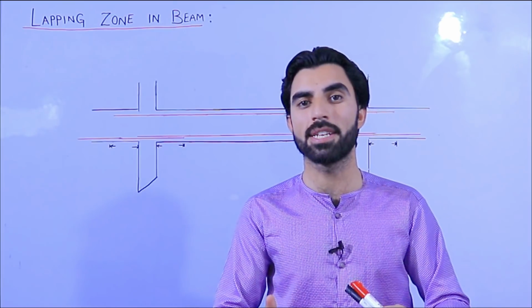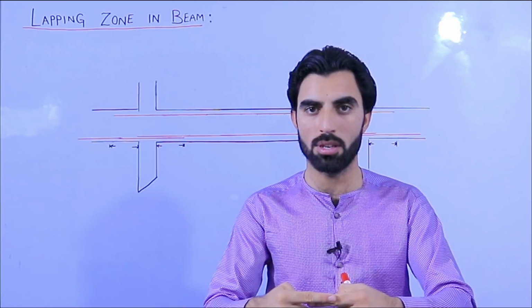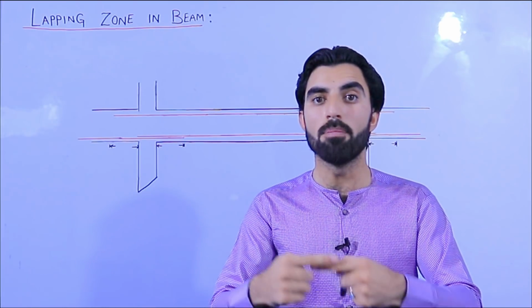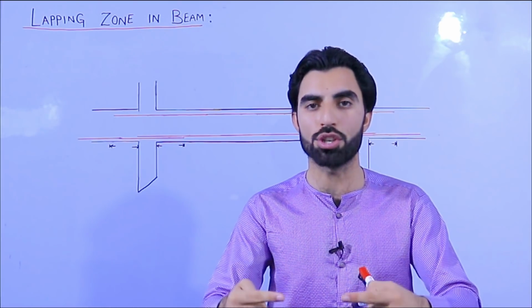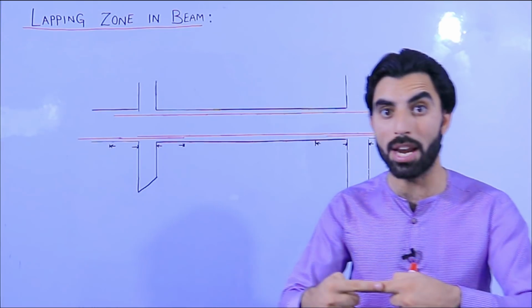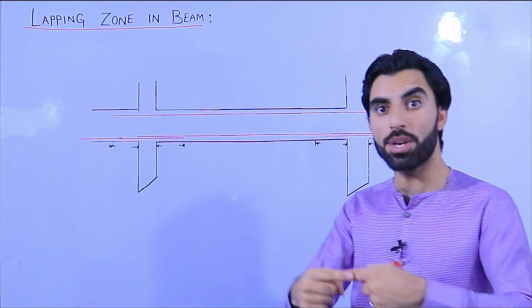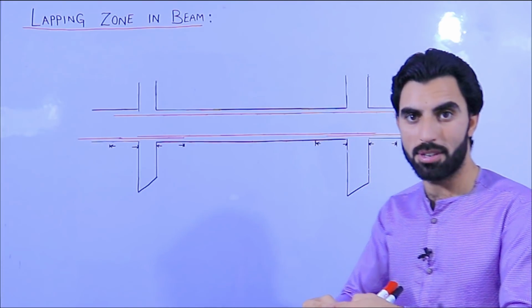So we use overlapping for insufficient steel, because from the factory we have a 12 meter standard. So where can we overlap the steel bar, where can we get lapping length in a beam?